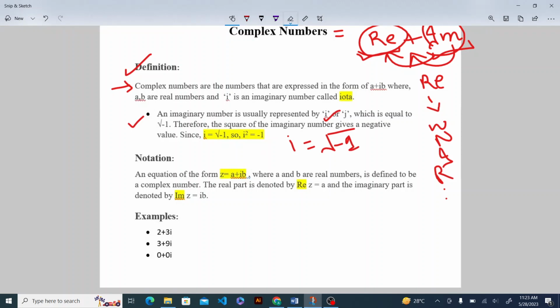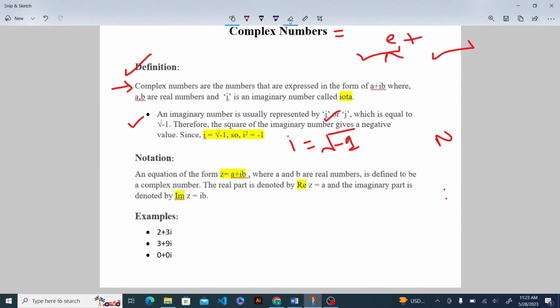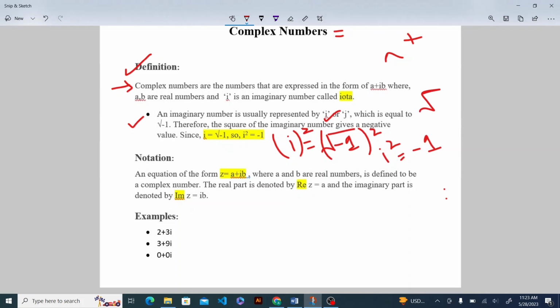Iota is equal to the square root of minus 1, and obviously when we take its square, it will produce negative 1, because the square root has the power of half, 1 upon 2.